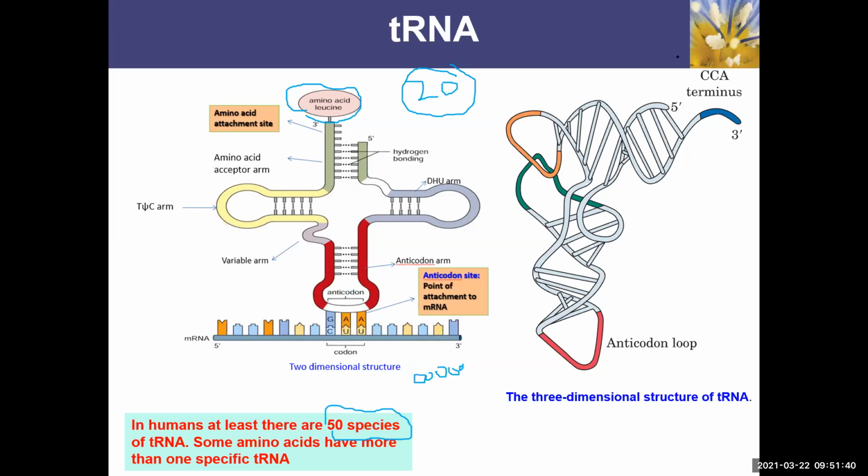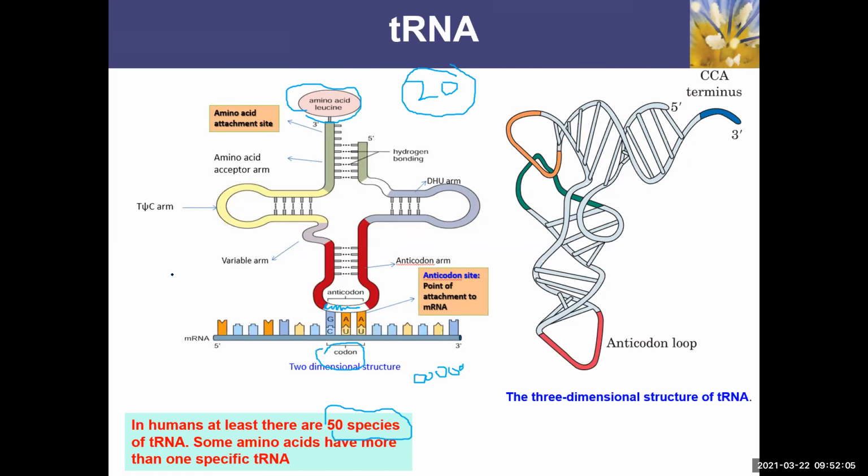Sometimes the question says, where do we find the anticodon? Remember, one arm of tRNA can bind to the amino acid. The other arm of this tRNA, as you can see here, is the anticodon arm. This will be totally opposite, complementary to what we have in the mRNA.